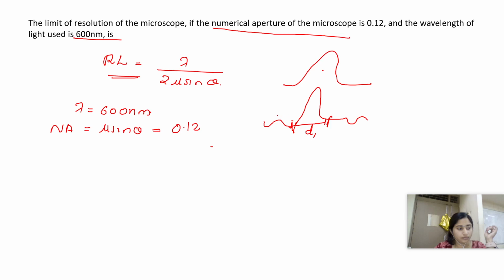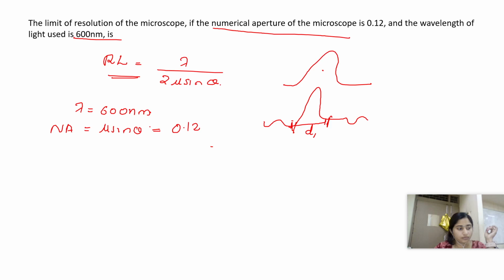Then the answer will be 2500 nanometer. What will it be in micrometer? Everything we are saying is in micrometer unit, right? So you have to convert everything into micrometer. I can give some options. It will be 2.5.